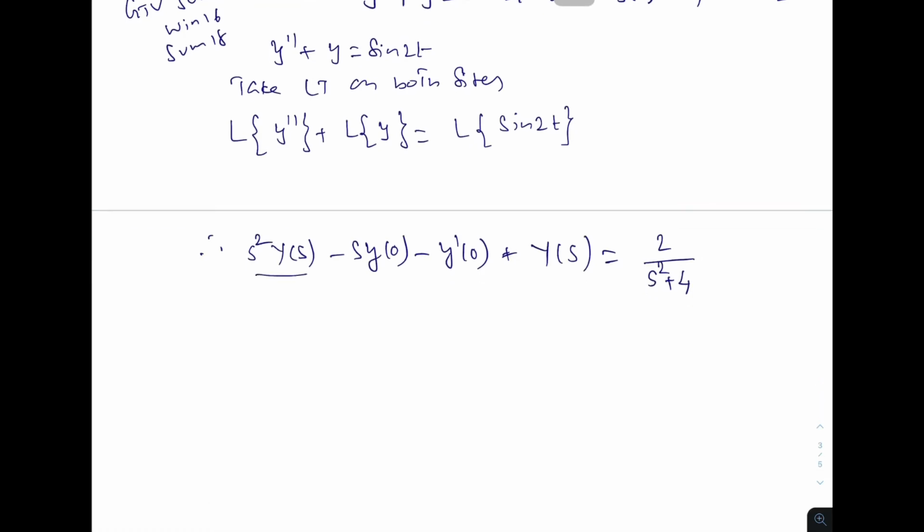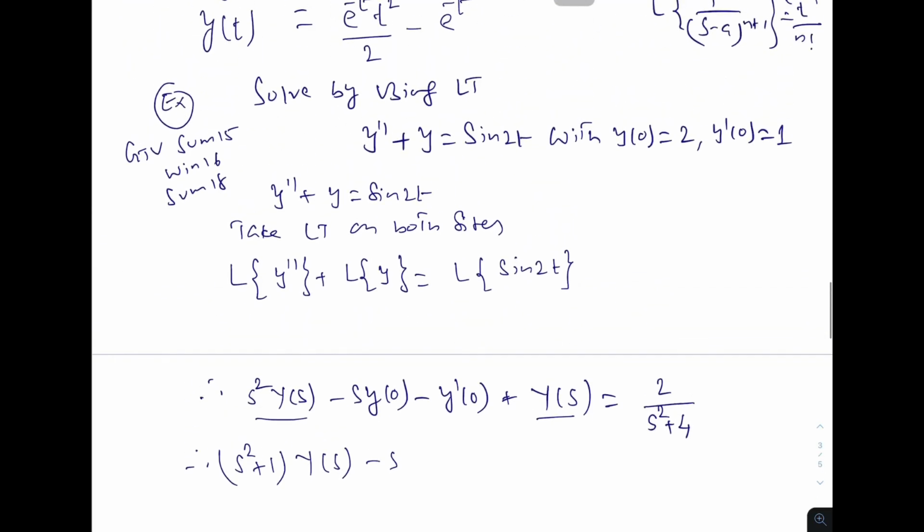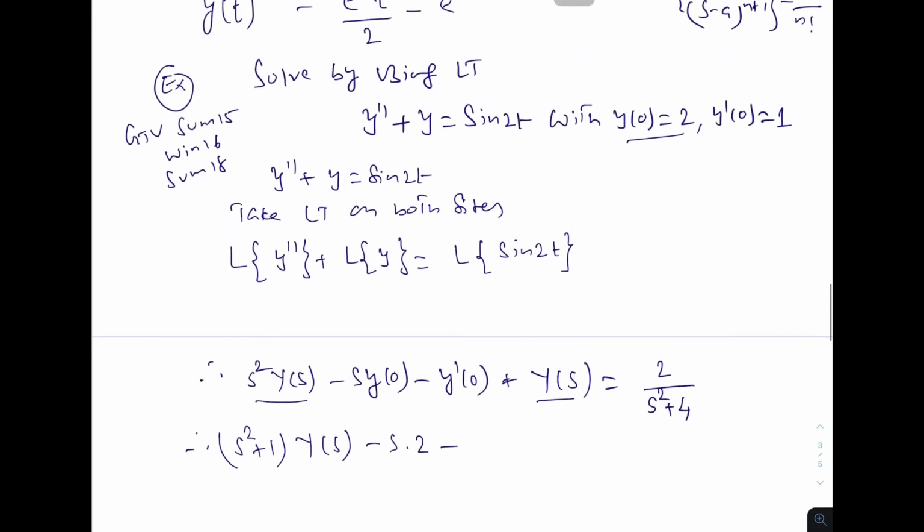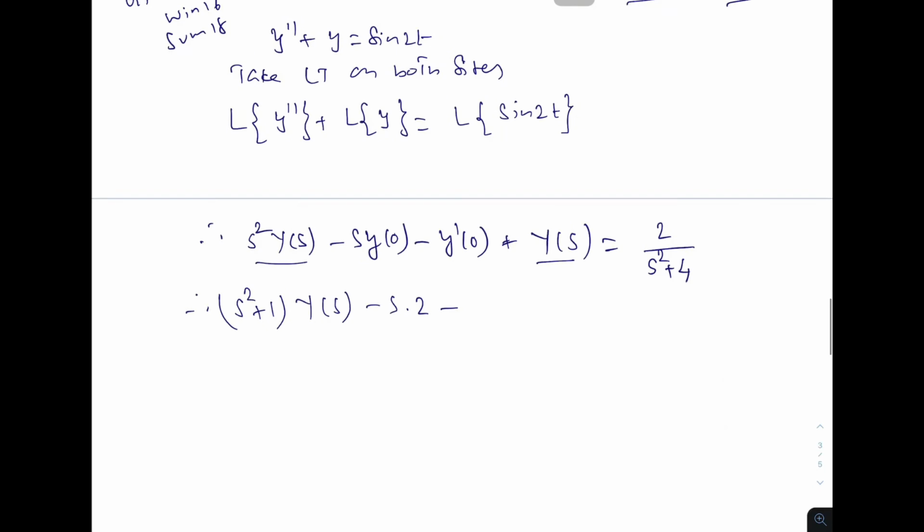Now we can take these two together. So this is (s square plus 1) Y(s) minus s times y at 0, which is 2, and minus y dash at 0, which is 1, equal to 2 over s square plus 4.